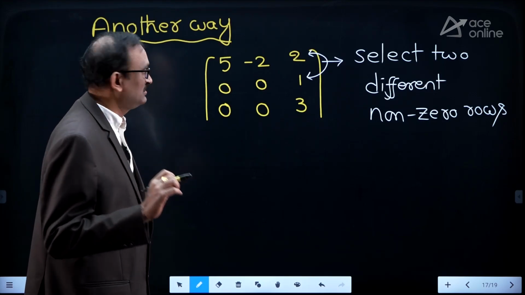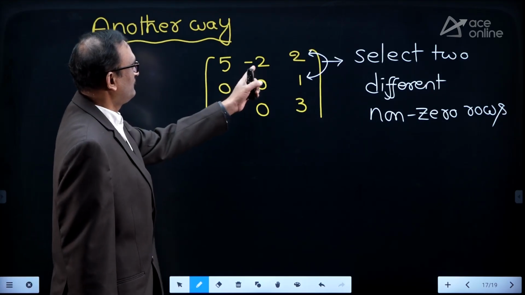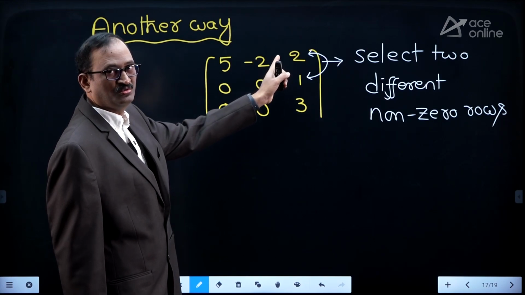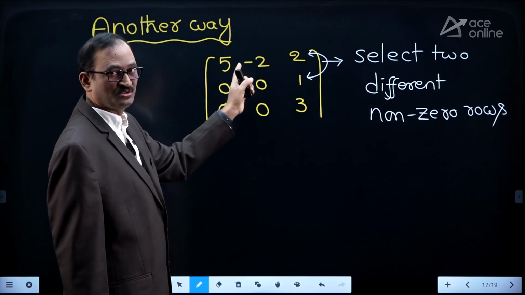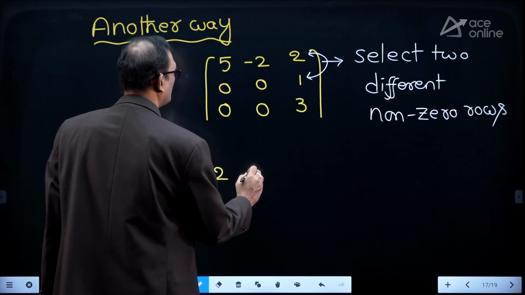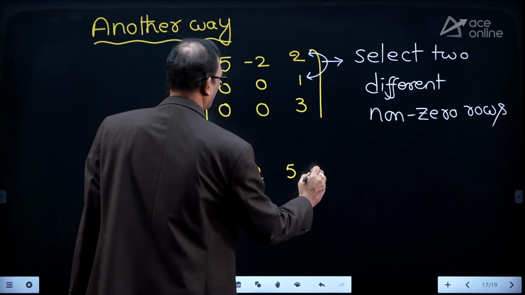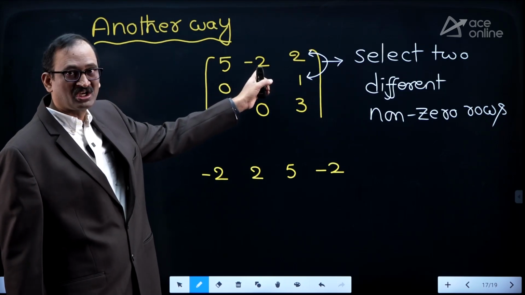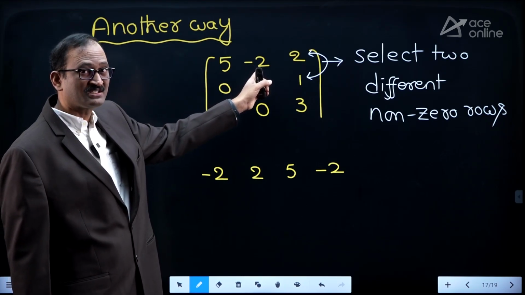Now this is the way you remember. First row, start from middle number minus 2 to 5 minus 2. Start from middle number and move in anti-clockwise direction and complete one cycle.